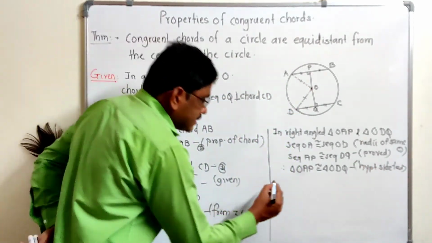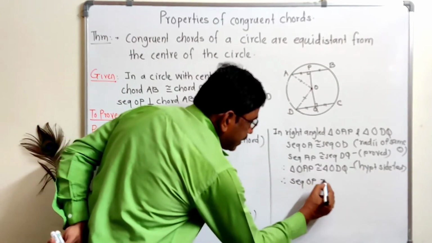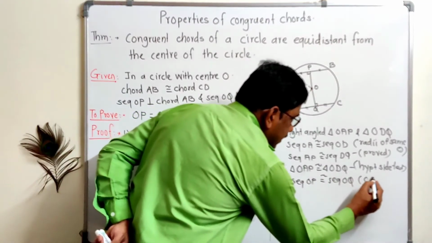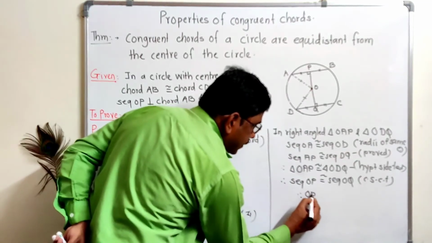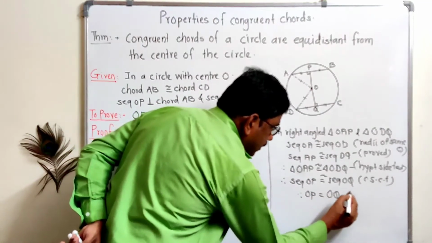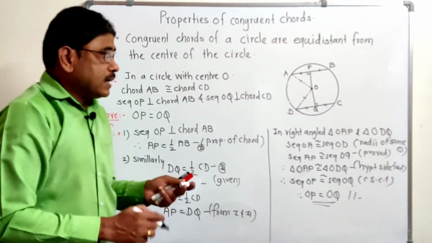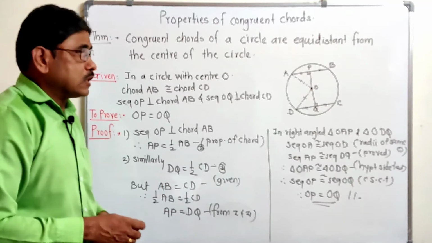And if two triangles are congruent, their corresponding sides are congruent, therefore segment OP is congruent to segment OQ, corresponding sides of congruent triangles, and therefore OP equals OQ is proved. So in this way we can prove that congruent chords of a circle are equidistant from the center of circle.